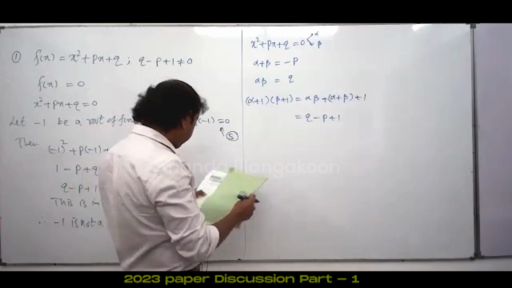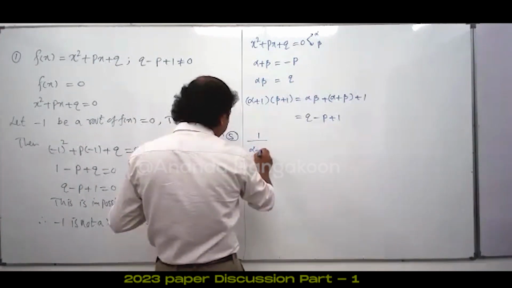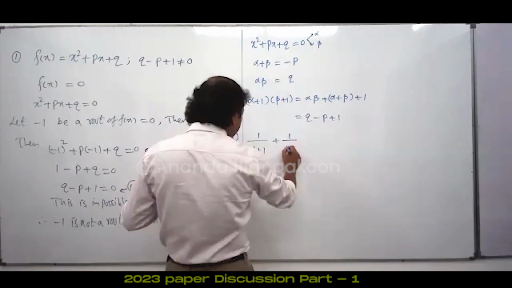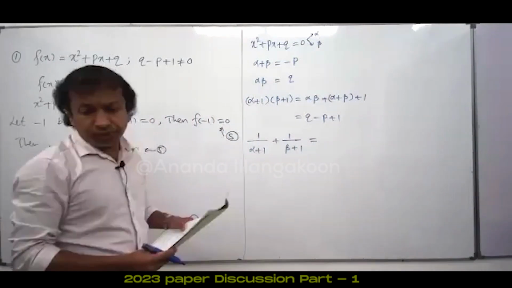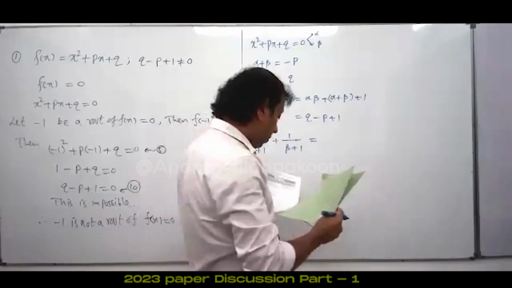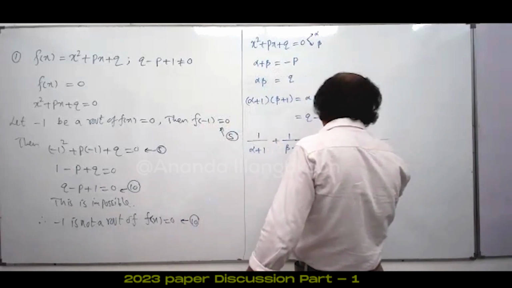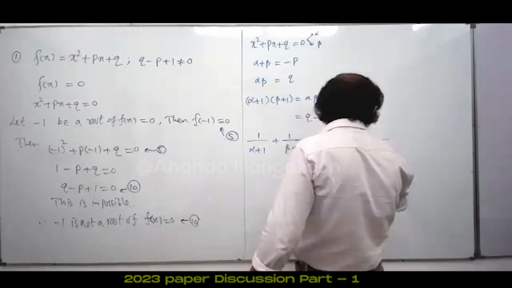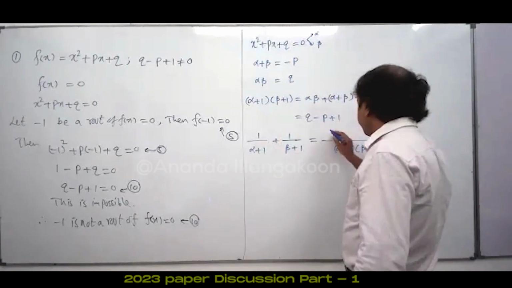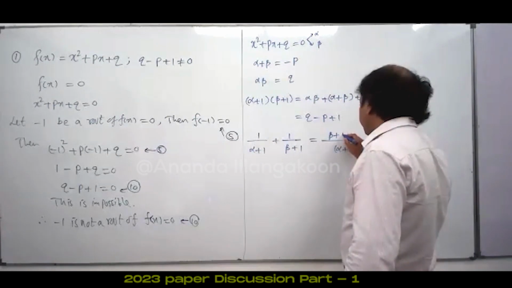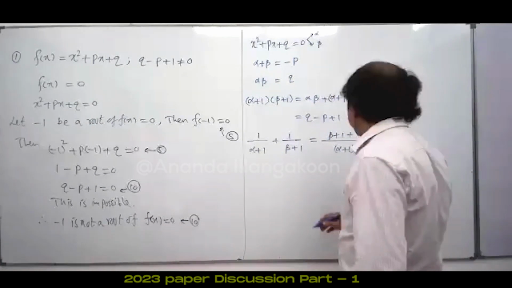Okay. Then next one, 1 over alpha plus 1 plus 1 over beta plus 1. To get this, we take the common denominator, the product of these two, (alpha plus 1)(beta plus 1). Then we get (beta plus 1) plus (alpha plus 1) in the numerator.